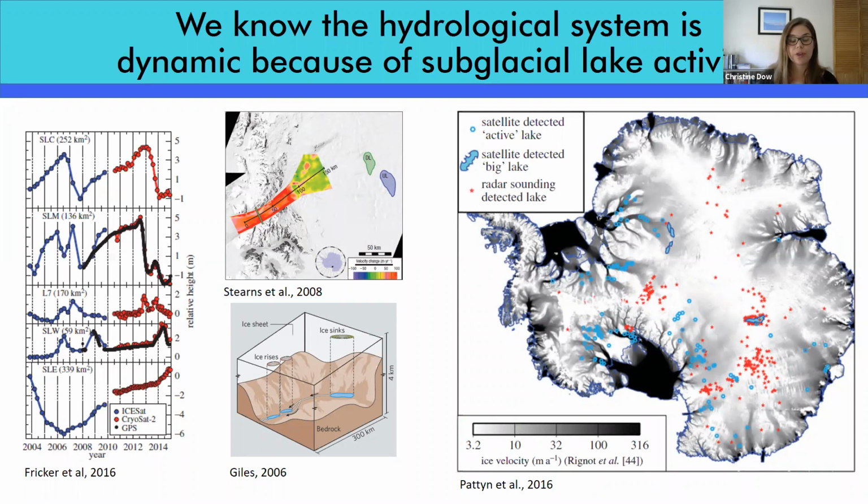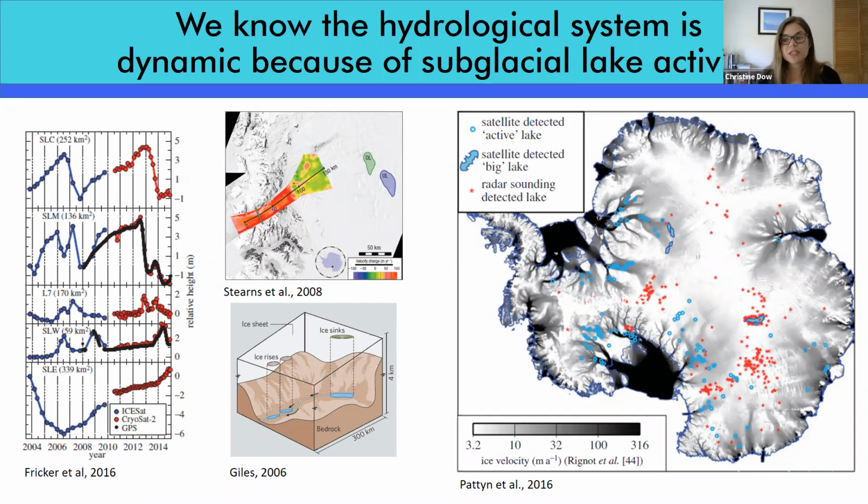And the reason that we know that is primarily because of subglacial lake activity. So there's been several studies using satellite laser altimetry, which is bouncing off the surface of the ice, to show how that surface is changing over time. You can see here on the left, we've got surface changes that are rising and falling over a scale of several meters. And this has been interpreted as showing water accumulating in basins under the ice sheet, lifting the ice up above it, and as those lakes drain, the ice surface drops down again.